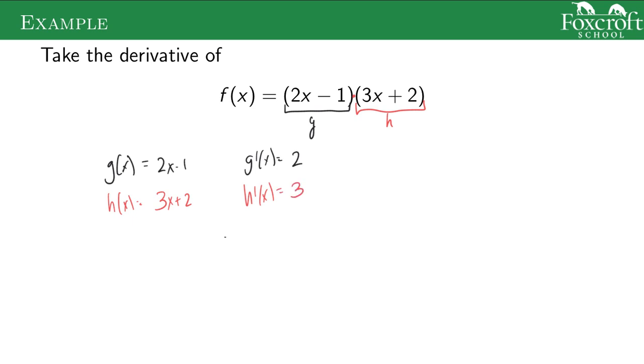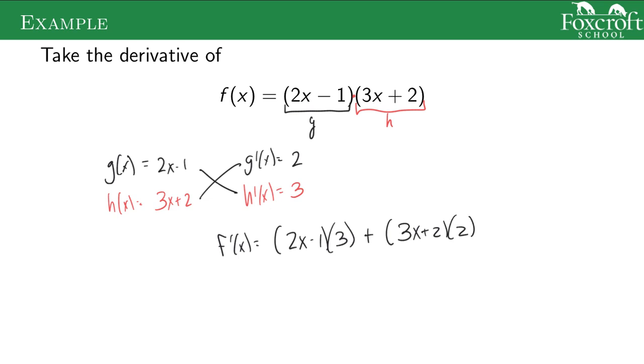So now using the product rule, I take one of my original functions, in this case g of x, it doesn't matter which one you do first, and I pair that with the other one's derivative. And then I add, now I switch it, now I take the other original function, and I pair that with the other one's derivative. So that is the product rule. You just have to do these derivatives separately and then put them into the formula.